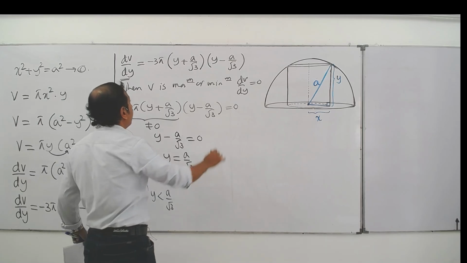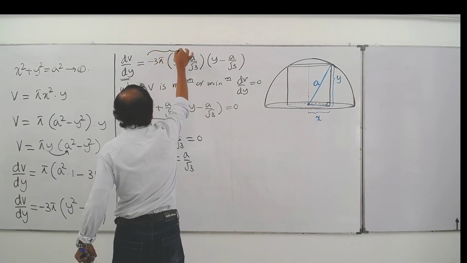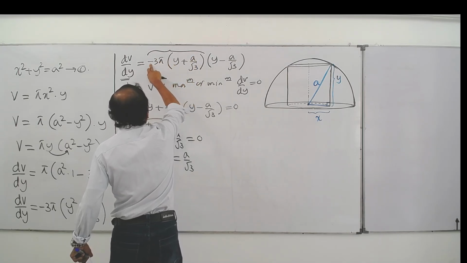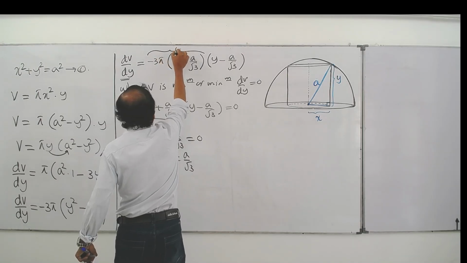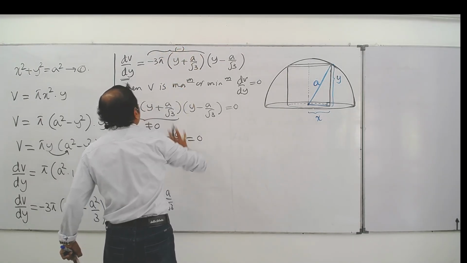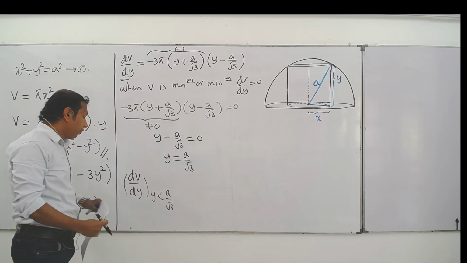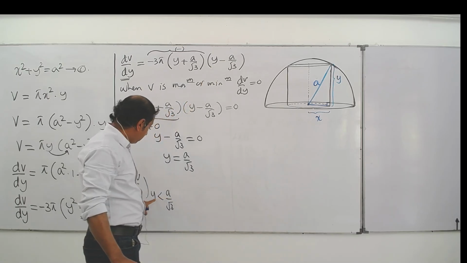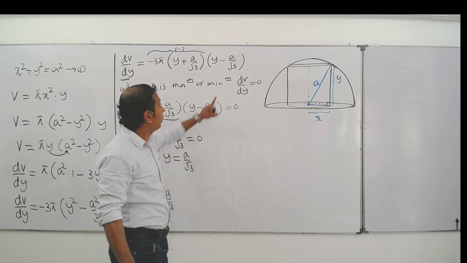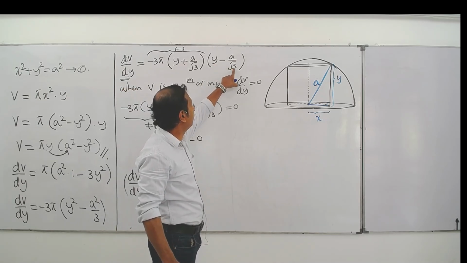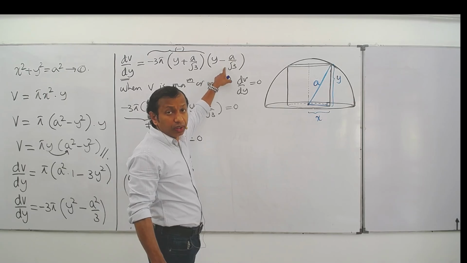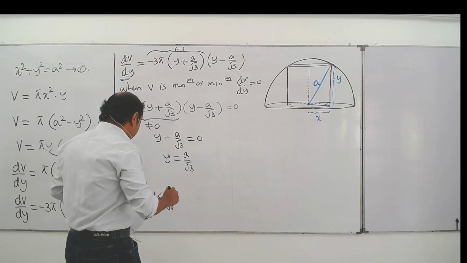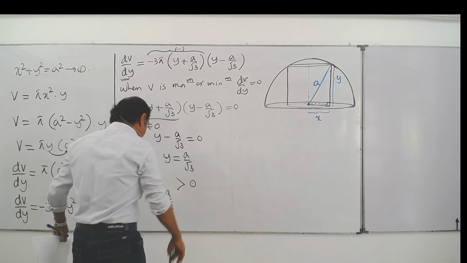The whole thing from here to here is positive, pi positive, 3 positive, but since here we have a minus sign, this term is always negative. Now, once I put for y a value less than a by root 3, this difference will be negative. This negative and this negative together make positive. So, therefore, this is positive, right?